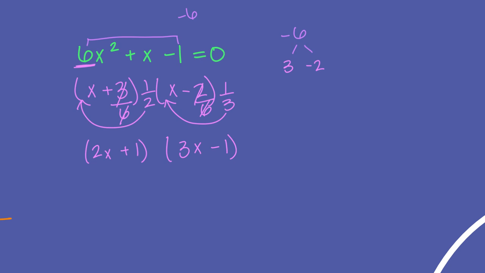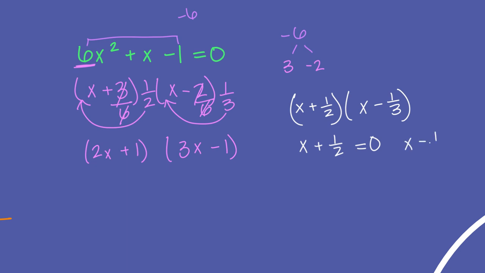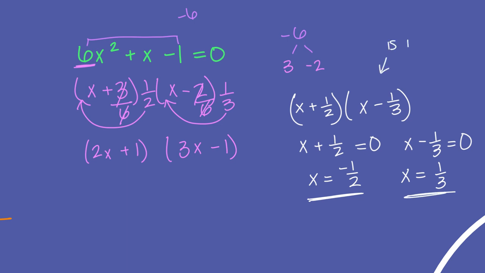If I get here, x plus, I simplified it, I could solve it right now. Meaning I have x plus 1/2 equals 0, x minus 1/3 equals 0. I'll get x equals negative 1/2 and x equals positive 1/3. These would be my zeros, but this is not a factor.